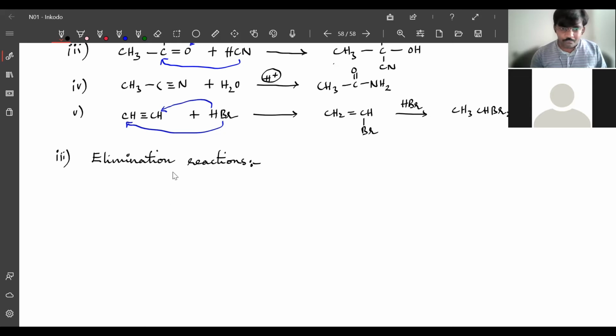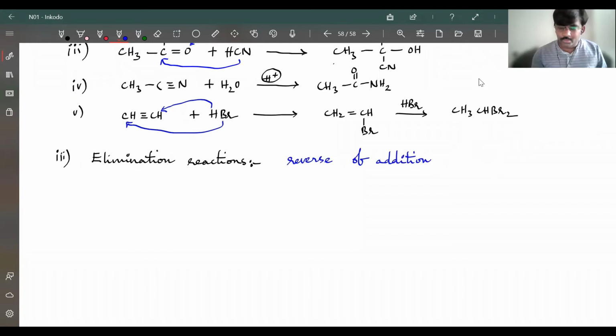Simply saying, it is the reverse of addition reactions. In addition reactions, small molecules are added on the double bond or triple bond. Here, we are not adding small molecules, we are removing them from the substrate molecule. That is the basic difference. So you can write: reverse of addition reactions.